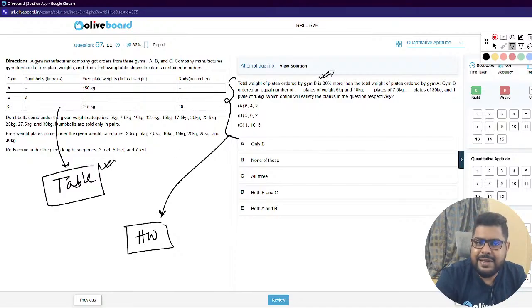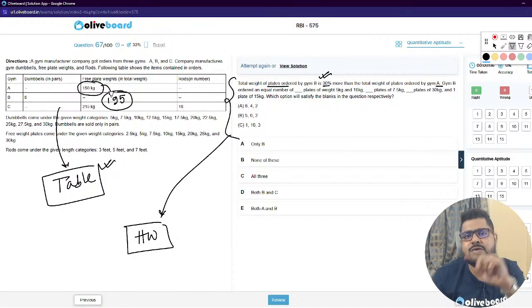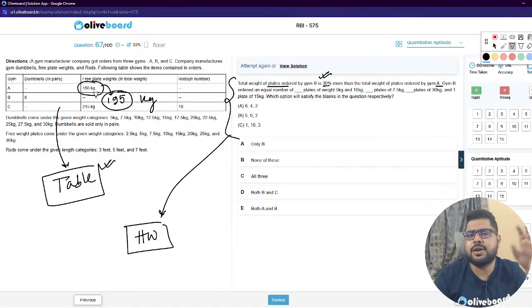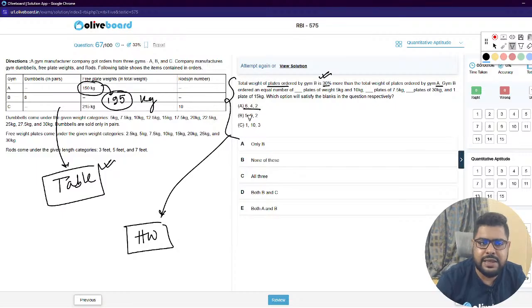The first line: total weight of the plates is 30% more than A. So A is 150. Gym B: 30% of 150 is 45. So 45 more, so total will be 195. This much is the role of this particular table. So you have to figure out these values and put them.